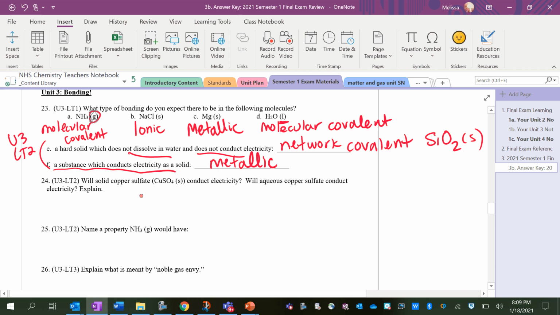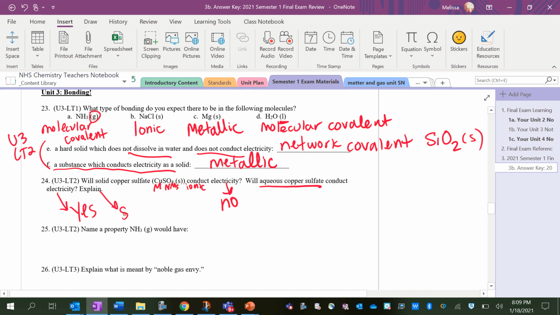24. Will solid copper sulfate, which is a metal and nonmetals, so that's ionic bonding, conduct electricity as a solid? No. Salts do not conduct electricity as a solid. But if you dissolve it in water, will it conduct electricity? Yes. Explain.